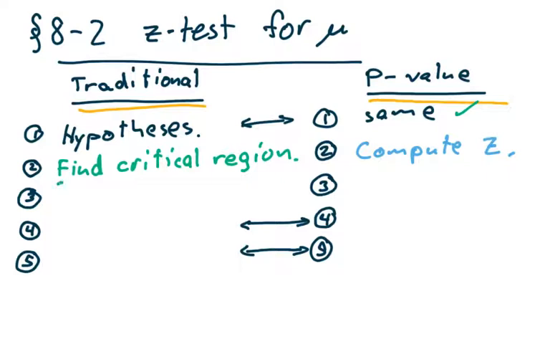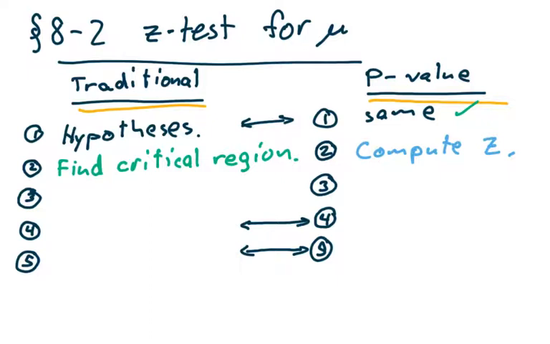We're going to find the critical region. That usually involves sketching the distribution curve, identifying the type of test that it is, and drawing the corresponding region, approximately. And then you go in and you find those critical z values according to what alpha is.